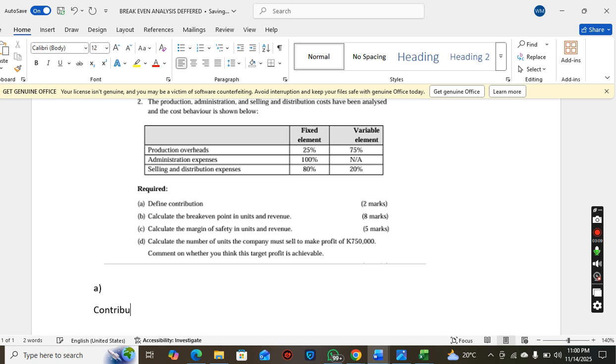Contribution is the money left over to cover fixed costs after the variable costs have been deducted. Remember, contribution is sales minus variable costs.